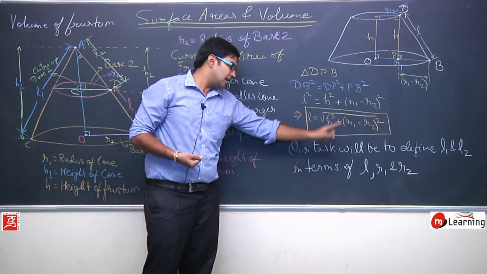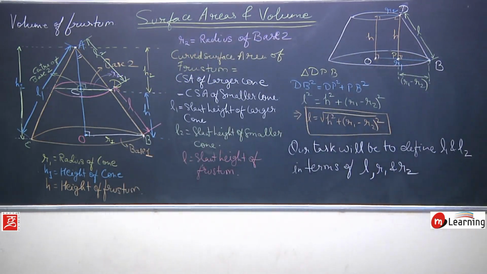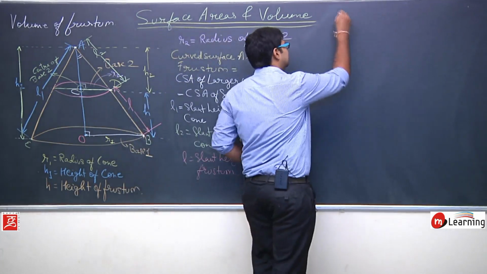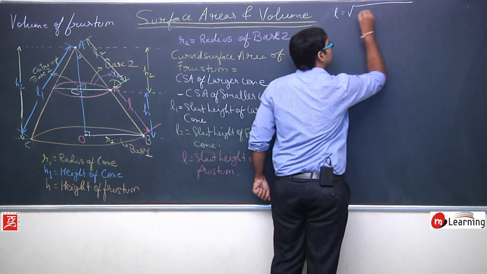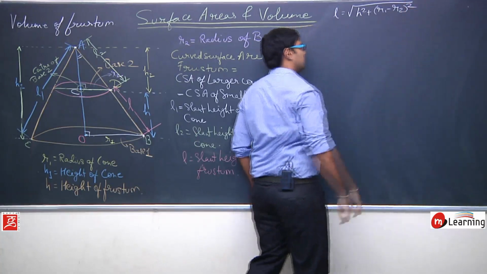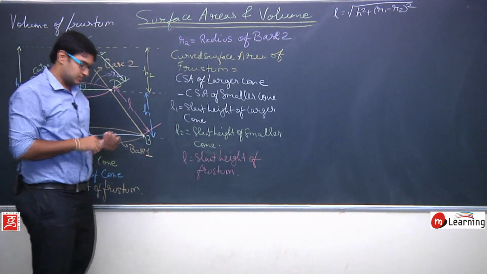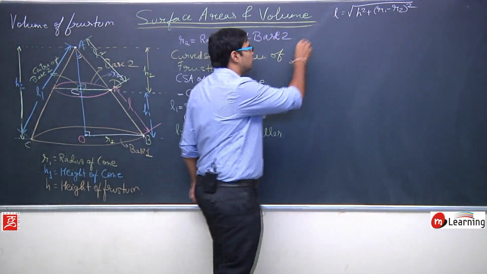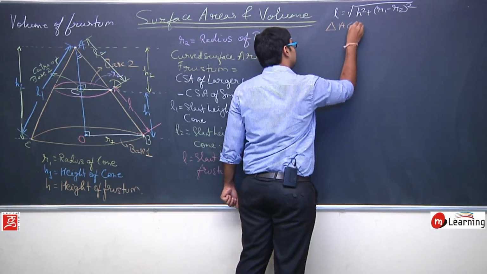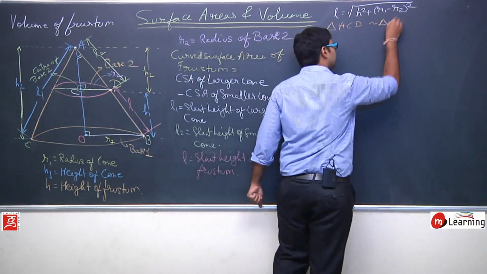Now we will define this L1 and L2 in terms of L, R1 and R2. Okay, so first note this. We have the slant height of frustum as square root of H square plus R1 minus R2 square. Now let us define the slant heights of the two cones. What I can see is, as we have proved previously, that triangle ACD is similar to triangle AOB.